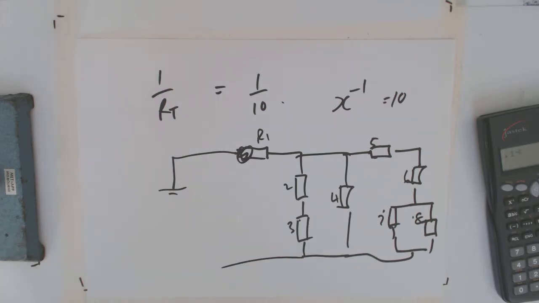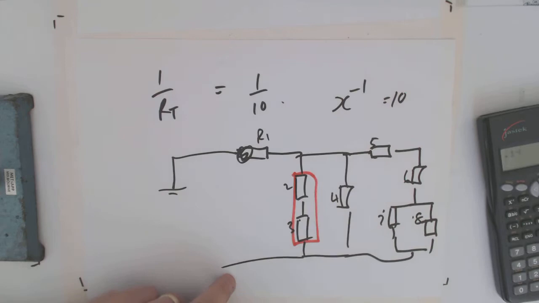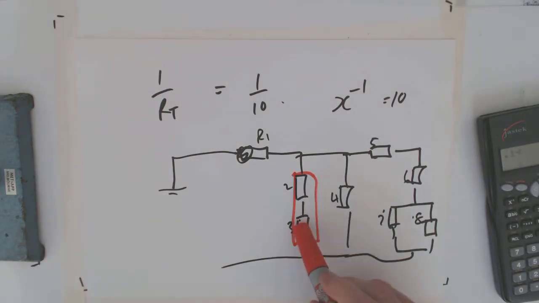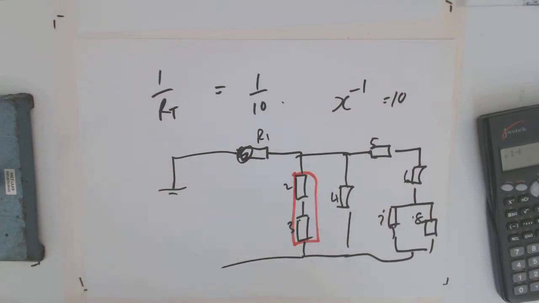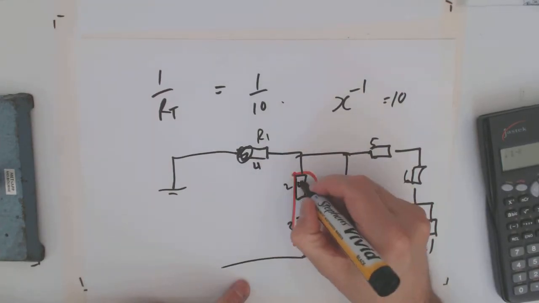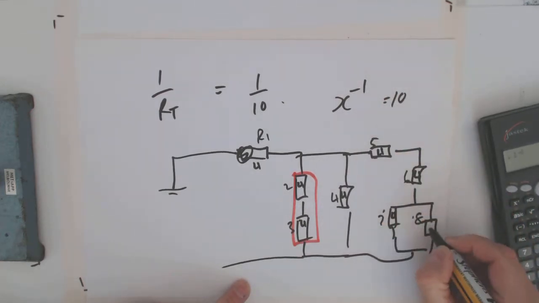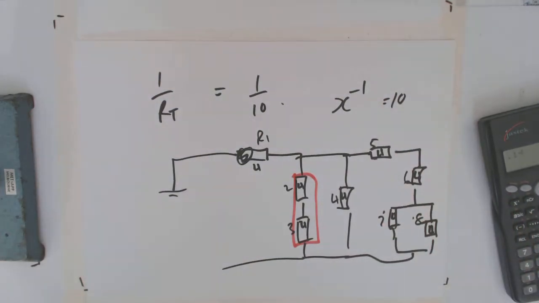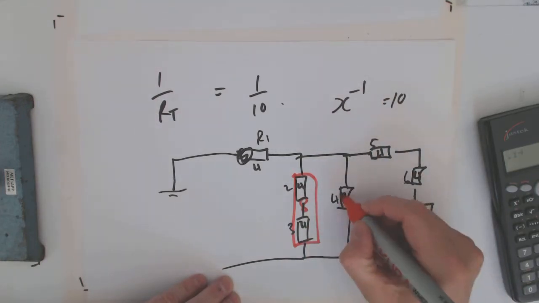Whenever you've got series, you can add these up as one resistor. So if I put numbers on these, say these are all 4 ohm resistors. If they're all 4 ohms, these two are in series, therefore 8. That one's just 4.